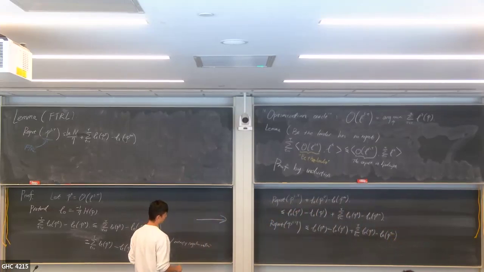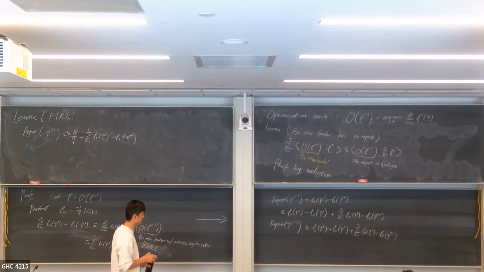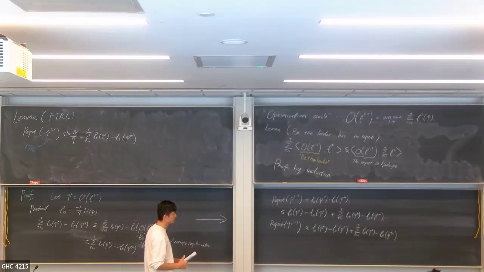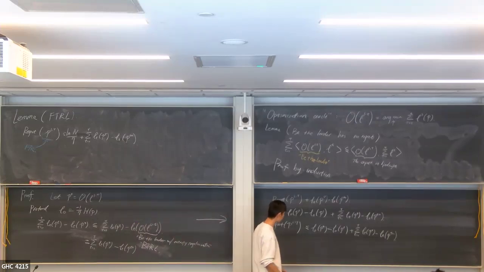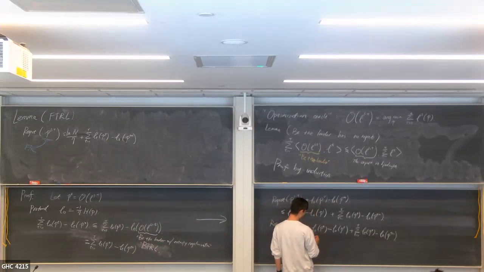So this is a key lemma. Why is L0 P star not? So what is this thing, right? This is like L0 again, like -1 over eta entropy.